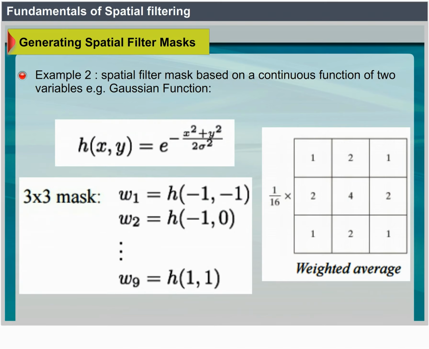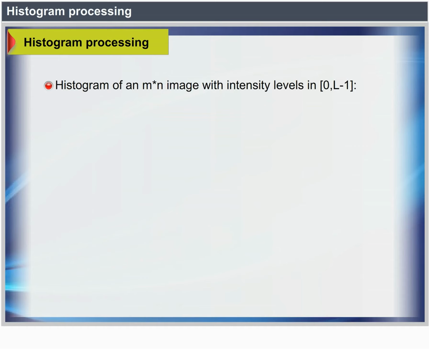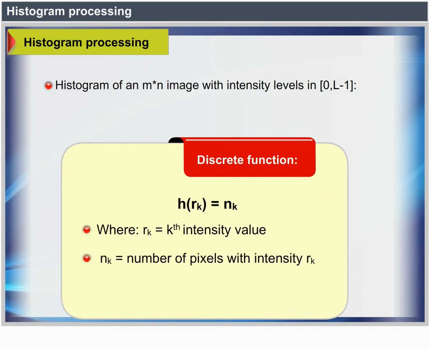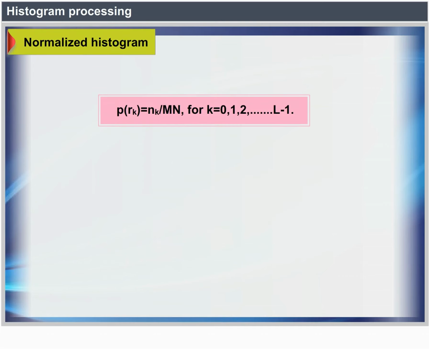Normalized histogram P of rk equals nk by mn for k equals 0, 1, 2 up to L-1. P of rk is the estimate of the probability of occurrence of intensity level rk in the image. In normalized histogram, summation of k equals 0 to L-1 of P of rk equals 1.